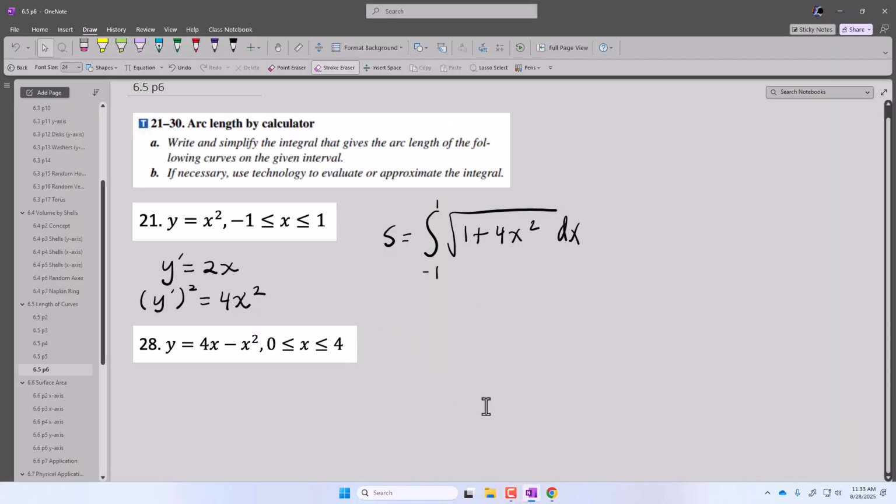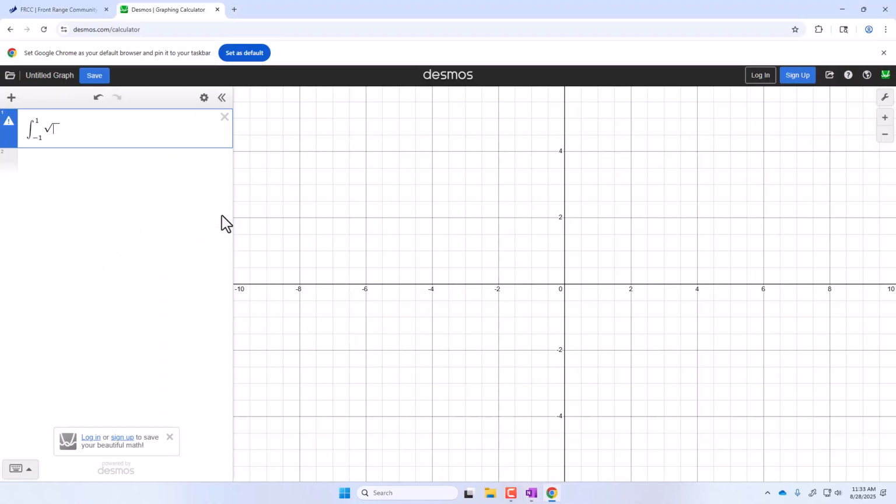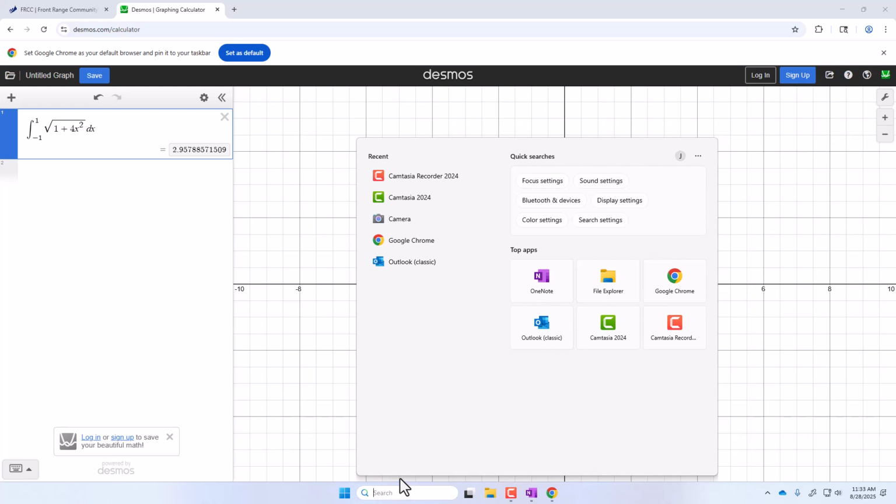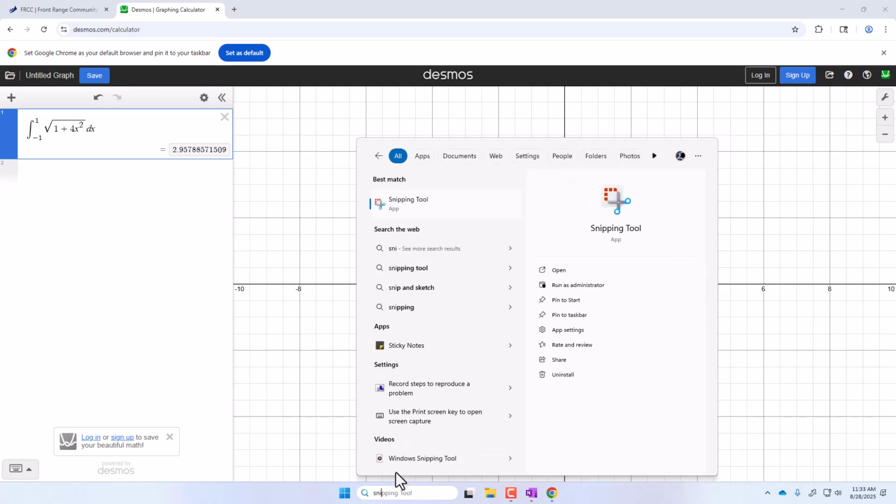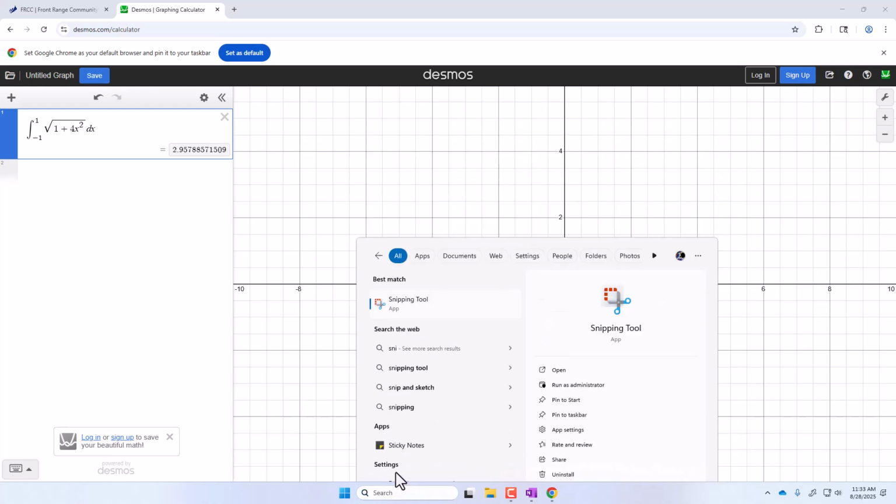So we're going to plug in 1 plus 4x squared. Did I get the limits right? And then we have to put a dx. Boink! There it is. Oh, yeah, so simple. Technology can be great.